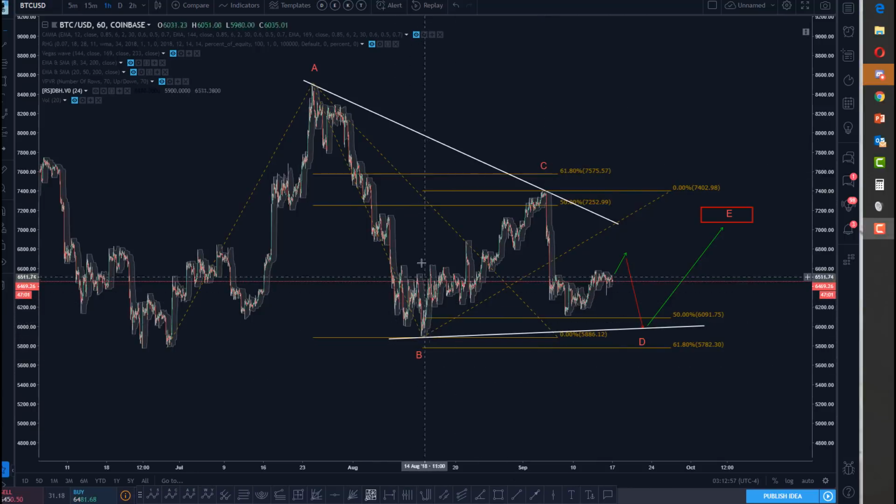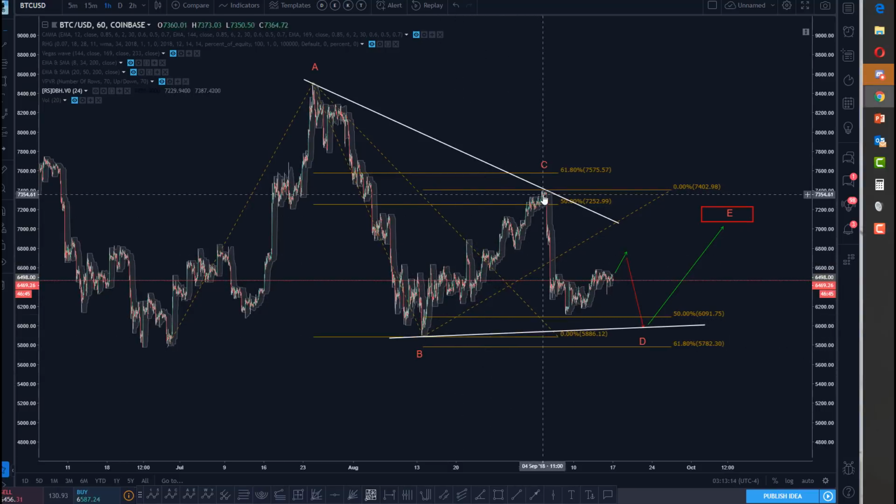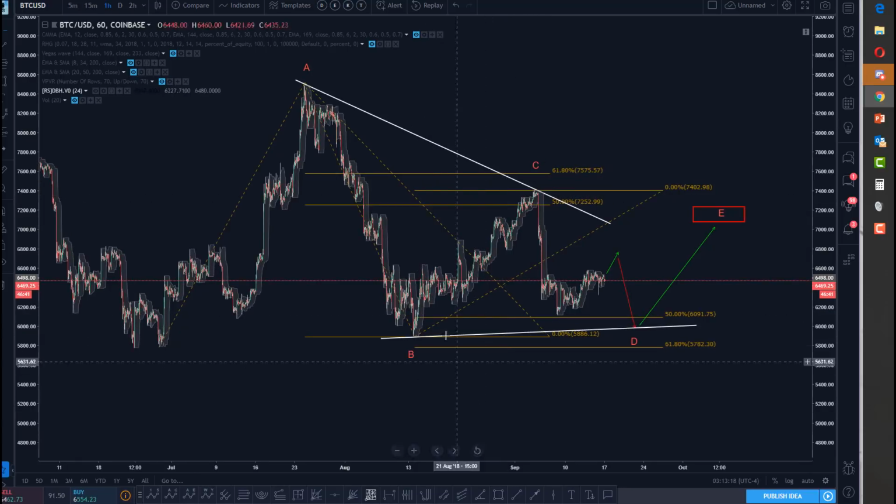Tiny 1, 2, 3, 4, 5 for the A. Very sharp B. And then 1, 2, 3, 4, 5. Or 1, 2, all of this is 3, 4, 5. Anyway, there's a way to count this as a simple zigzag. Not my favorite way to count it, but it's certainly credible. And it's so ugly that there's not my favorite way of anything to count this.